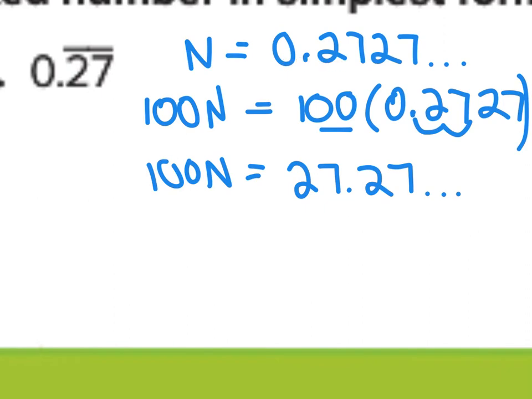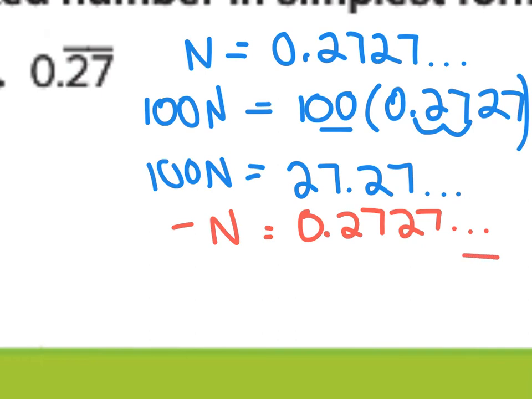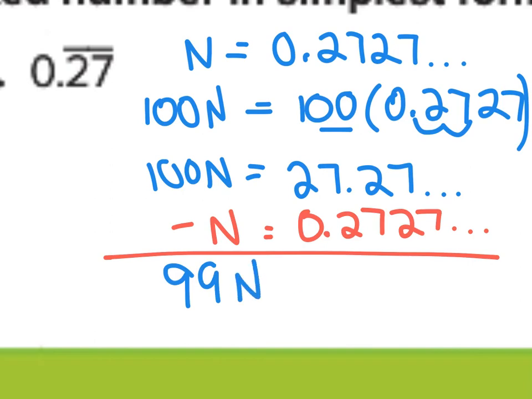So let's do that. Minus n equals, sorry, our notation. Okay. When we subtract it, we get over here 99n equals 27, right?